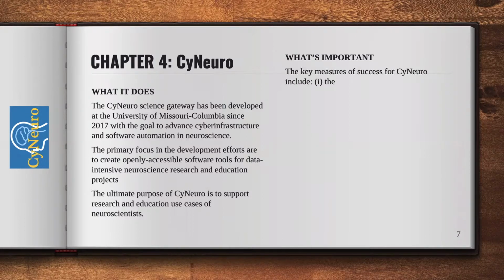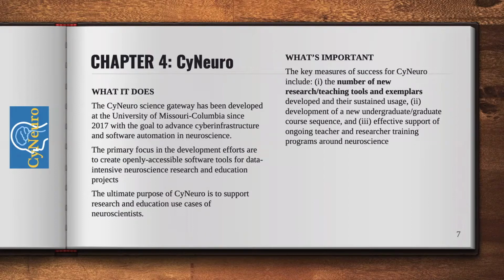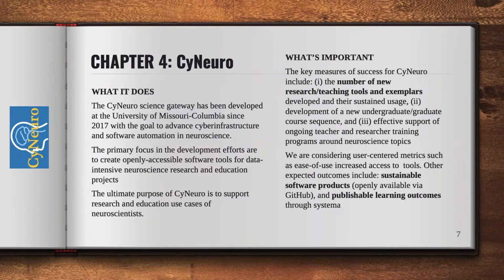So what you'll see in their impact measurements are the numbers of users, of course, but also things like entries in Git, new research teaching tools, sustainable software products openly available in Git, publishing learning outcomes, so not just publications, but looking at these learning outcomes.